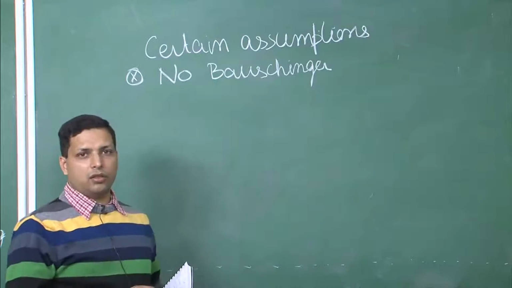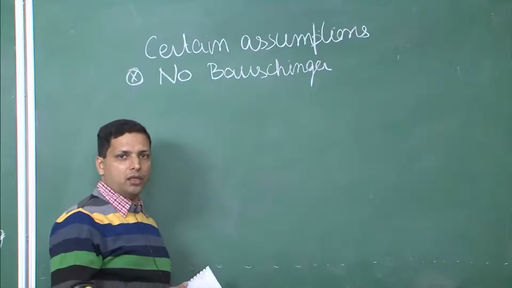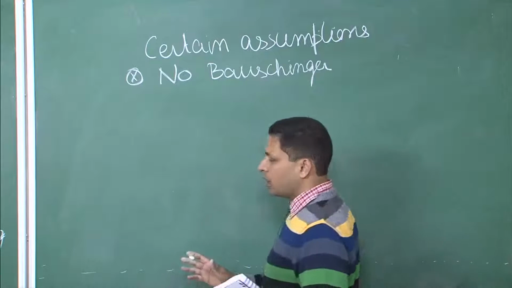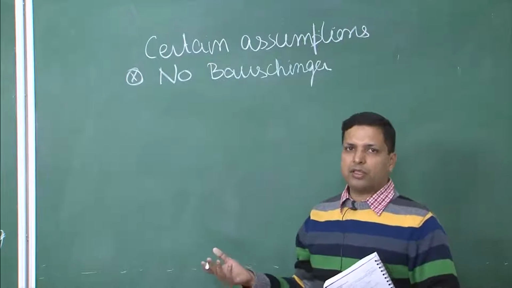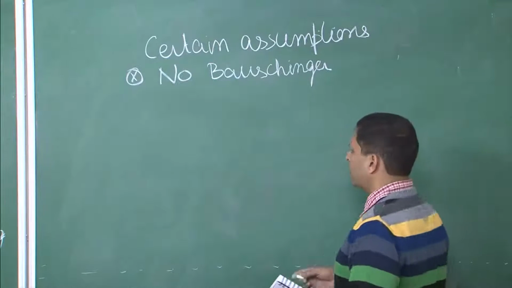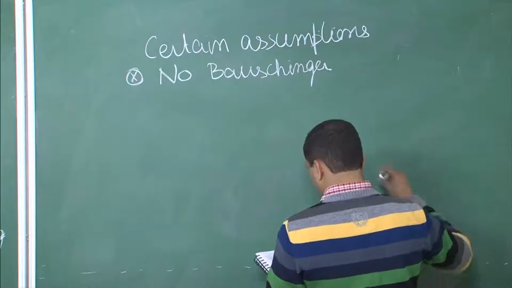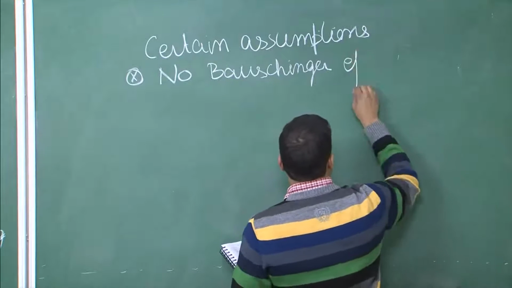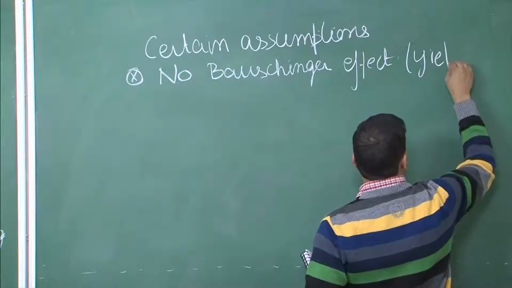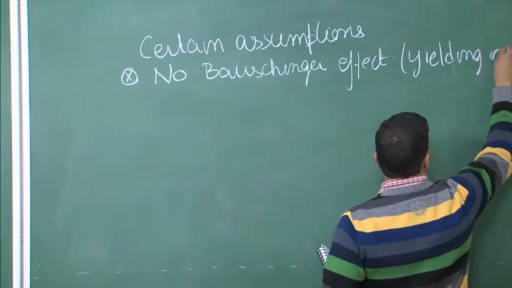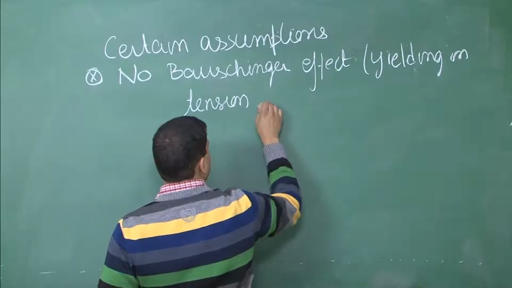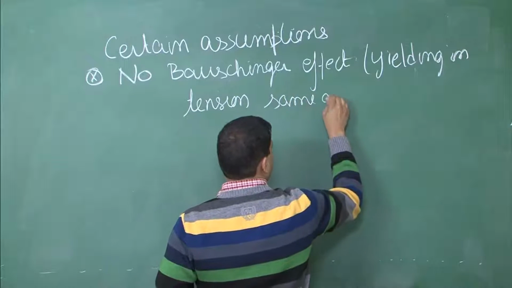What we are saying is that it should not be there, meaning behavior should be similar whether we are talking about compressive or tensile, and that would mean that the relation we get will be symmetric with respect to plus or minus sign, because plus and minus sign reflect whether it is a tensile or compressive stress. So, it has to be no Bauschinger effect, or yielding in tension same as yielding in compression.